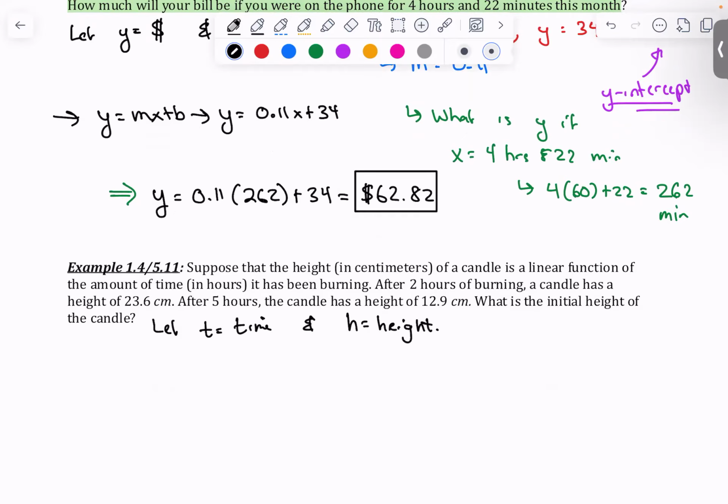Or you could make y equal to height, or whatever variable you want, but h seems to make sense. So, what should I do? Subtract 12.9 from 23.6 and then divide by 3, because it'd be 5 minus 2.